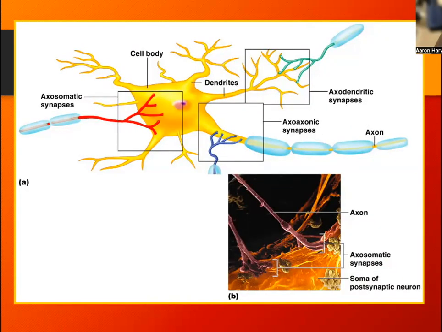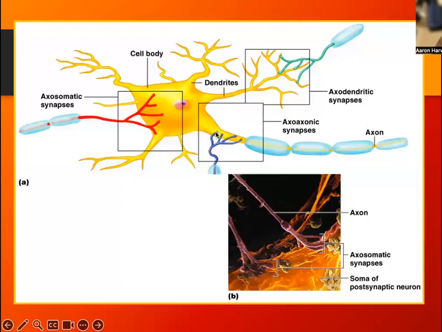Basically, this illustrates that there are many different types of synapses. So the axon is the part of the cell that would be innervating near the presynaptic portion, basically. So you can just see that there's different types of synapses. Axosomatic synapse is between the axon and the somatic cell body.